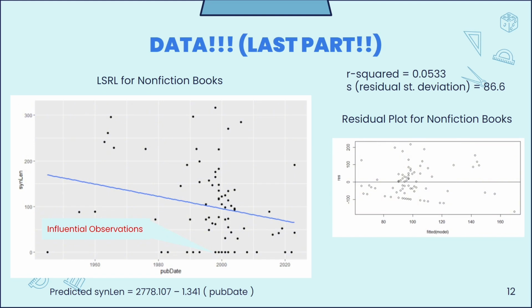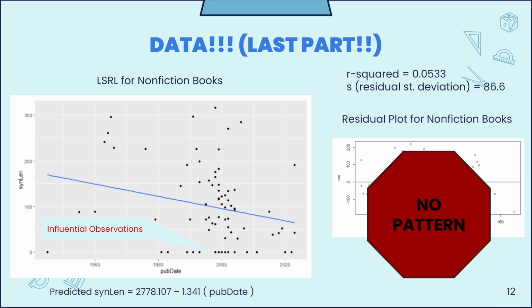And the answer, like their name says, they did. Influential observations are data points that heavily influence the least square regression line, and as you can see, as this line is much more downward sloping than a previous line, these are indeed influential observations. Now, once more, turn your eyes to the bottom right, we see the residual plot, and it has, what's that? No pattern!